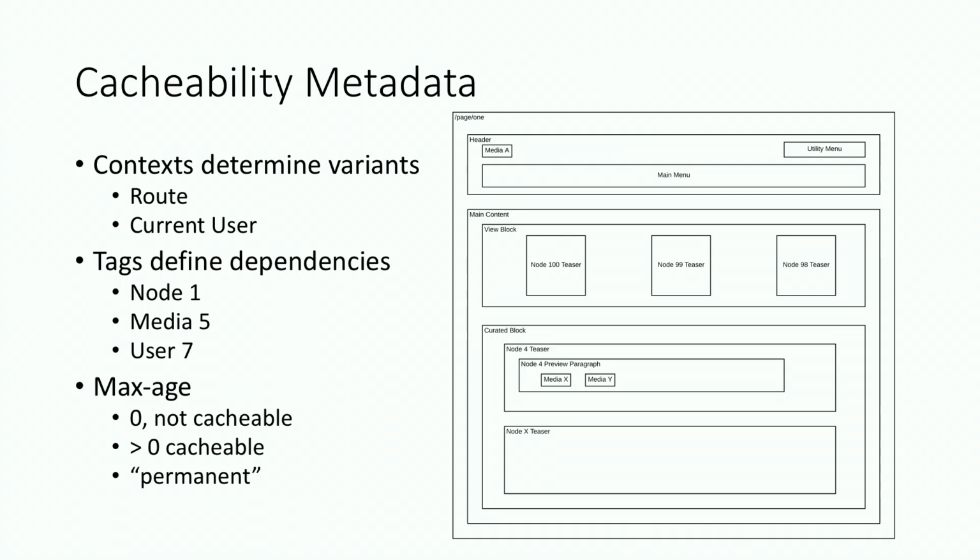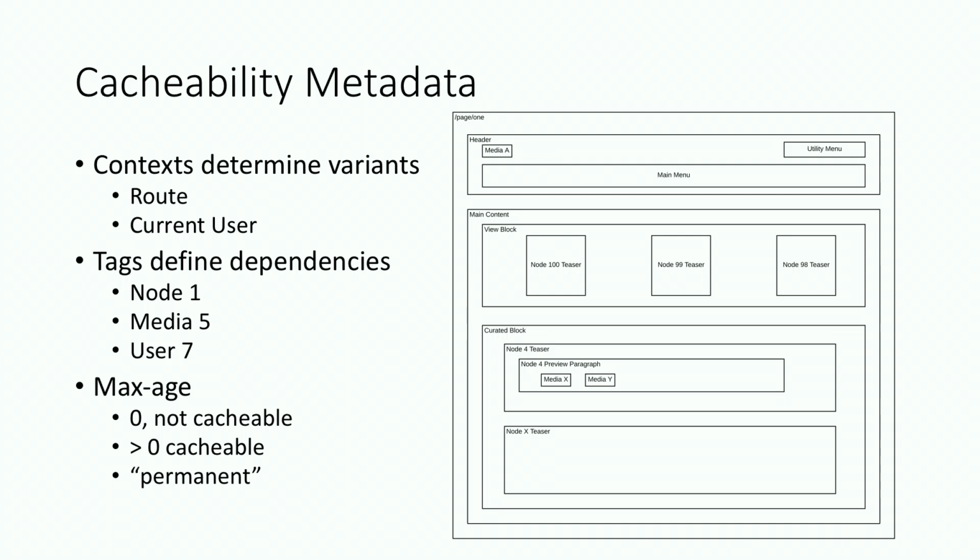So the metadata, again, is broken up into 3 parts: context, tags, and max age. Context determines variance. So they're saying essentially that if I give this component a context of route, it means that depending on what path or what part of the route I decide to make part of the context, this component will vary by the different path that it appears on in the cache.